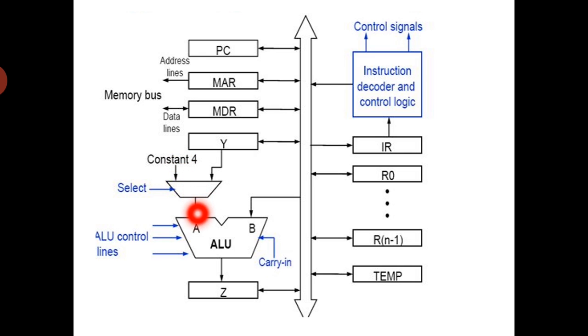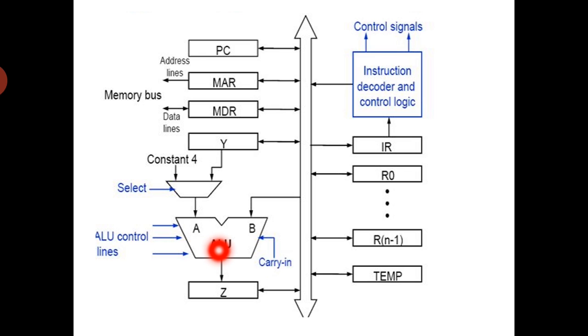Now we are executing an instruction, so the multiplexer will select the Y register. Here we give select 1, and it will select the Y register. The multiplexer transfers the data present in the Y register to the A input of the ALU. In the first step we transferred the data in R1 to Y; in the second step the multiplexer selects the Y register, and the data is given as input A of the ALU.